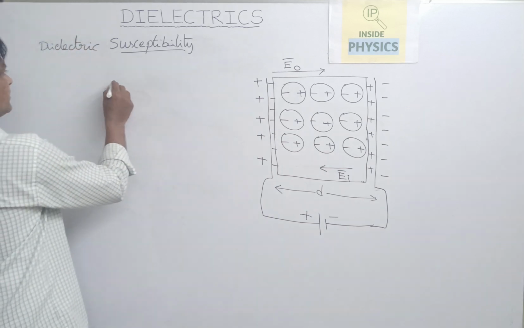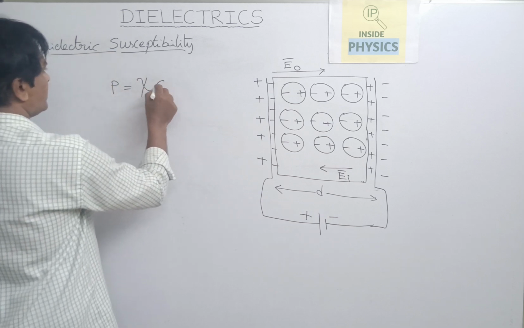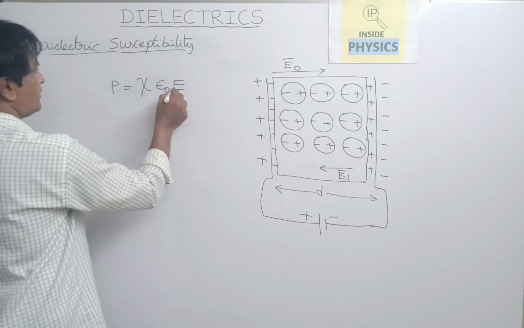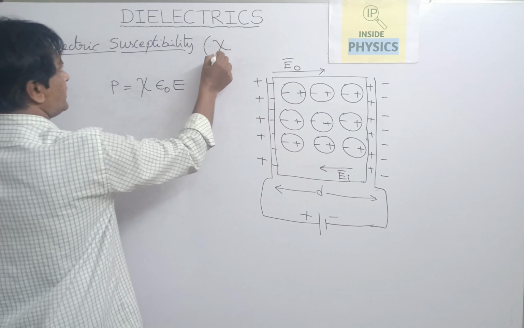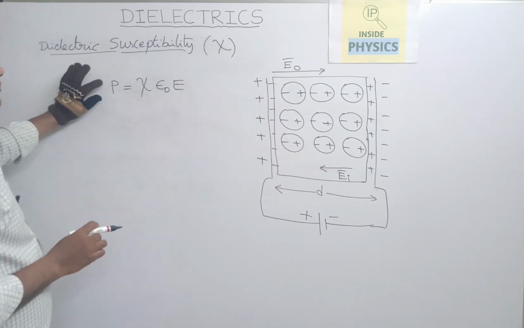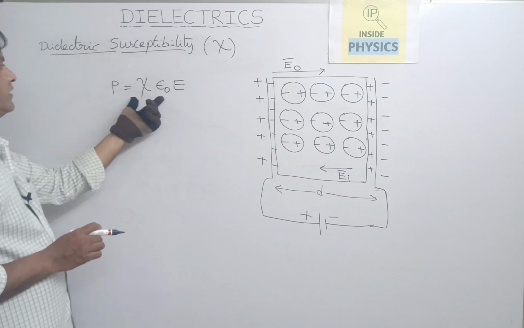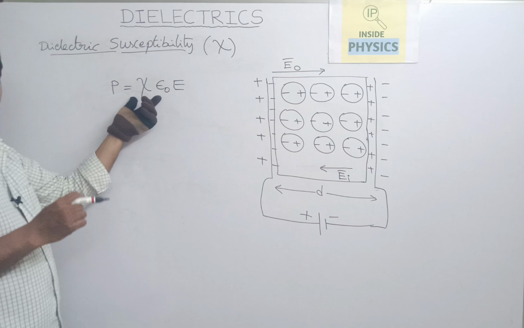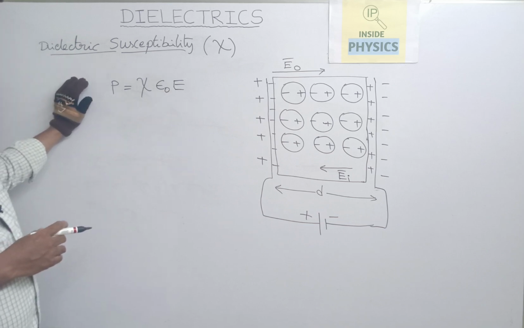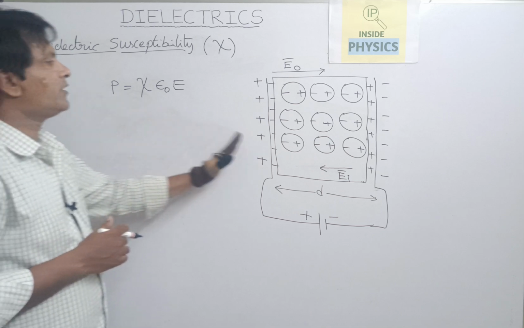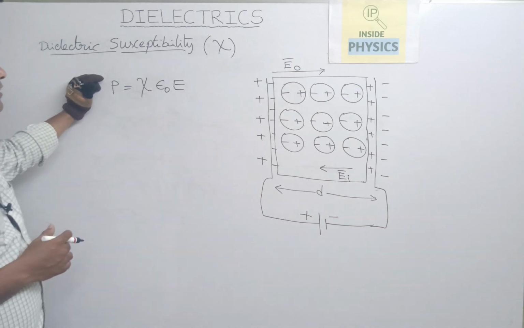So the polarization is related to the susceptibility as P equals epsilon naught into chi into E, where the susceptibility is introduced here. We know polarization is directly proportional to the external applied field, and this is the susceptibility constant of that material. So this can be defined as the degree of polarization that happens when an external field is applied, and the constant is called the susceptibility constant.